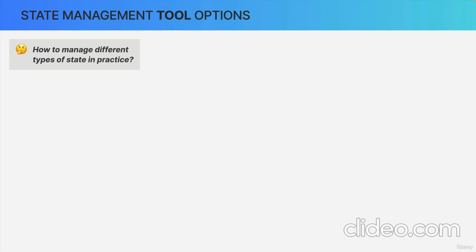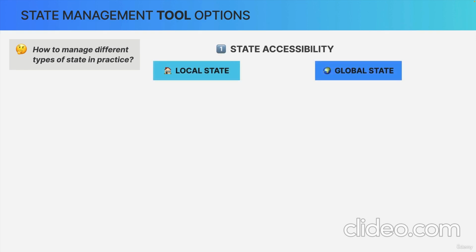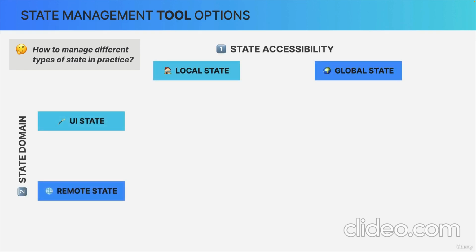So, if we combine all classifications of state according to accessibility and domain, we end up with these 4 combinations. So, local UI state, global UI state, local remote state, and finally, global remote state. And so let's now look at the tools that we can use to manage each of these state types.